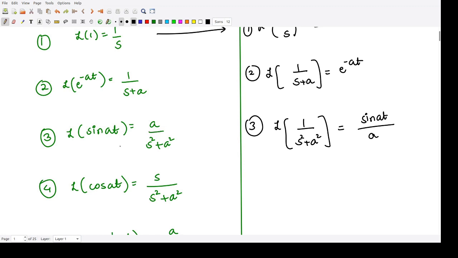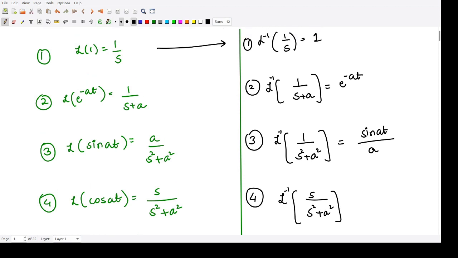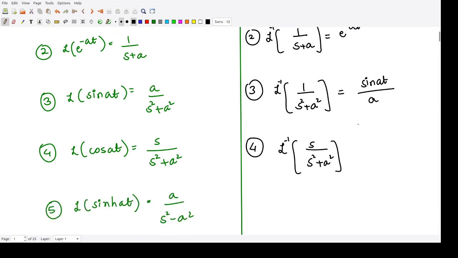And for the fourth formula, you have the Laplace inverse of s divided by s square plus a square. Now s could not be taken out from this Laplace inverse operator. So this is equal to cos at.